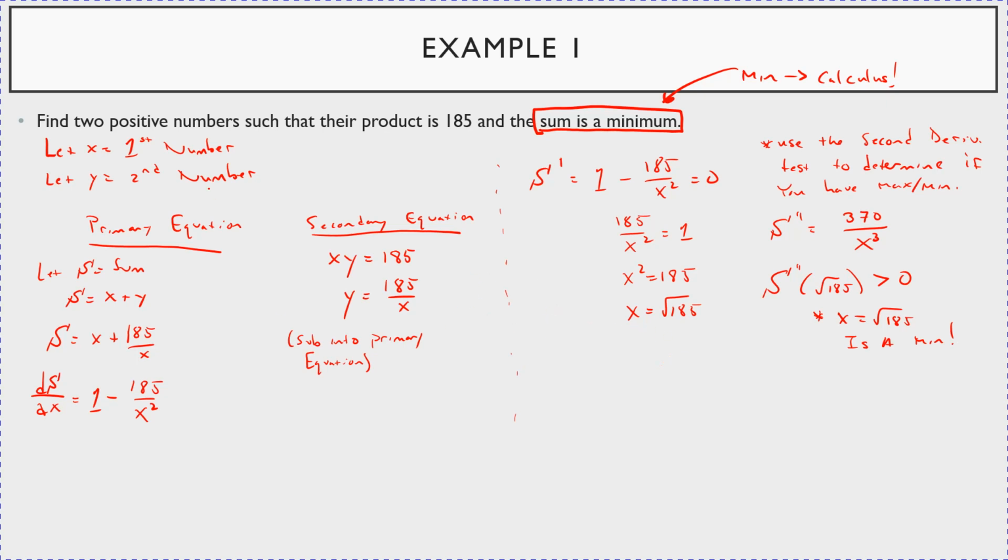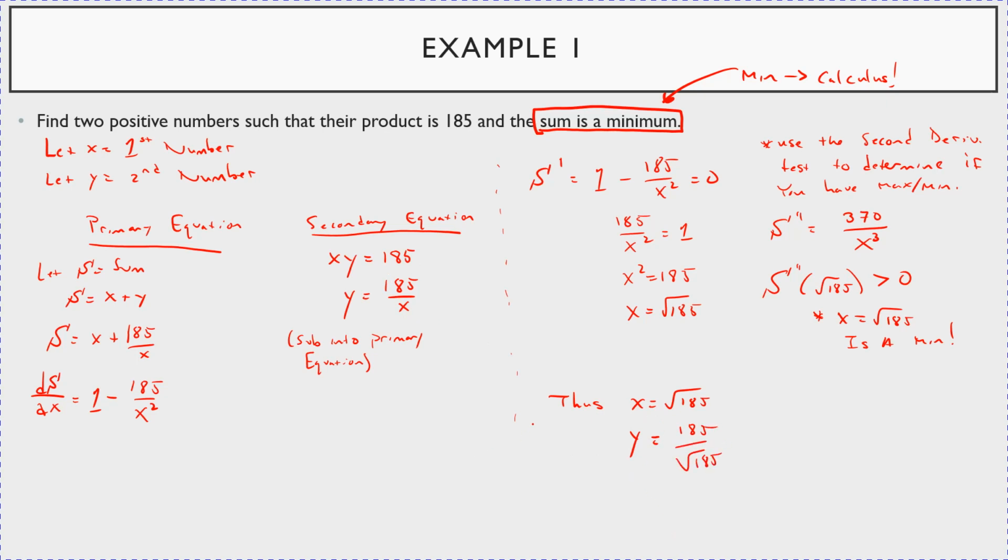So what are our two numbers now? Just going back, x we found is the square root of 185. And what is y equal to? It's 185 over x, so it's 185 over the square root of 185.